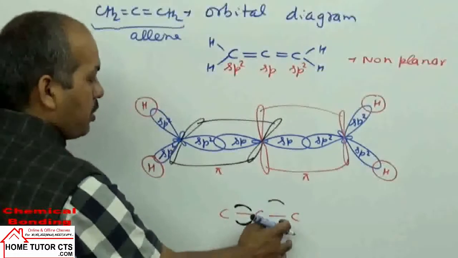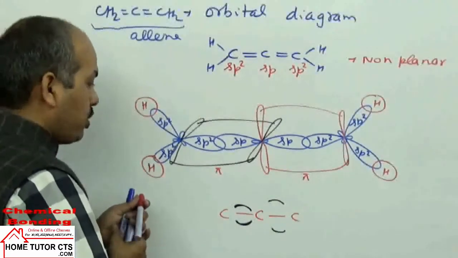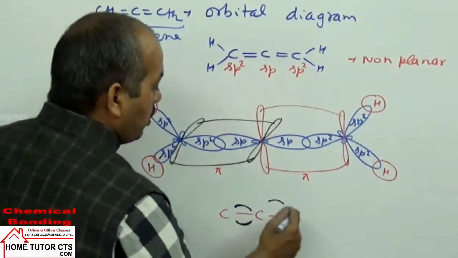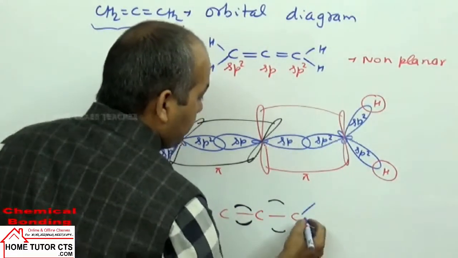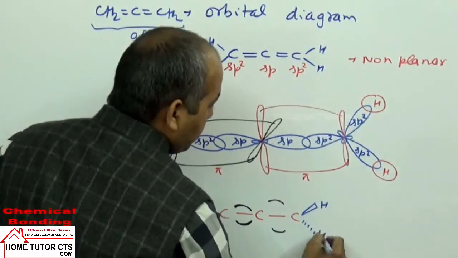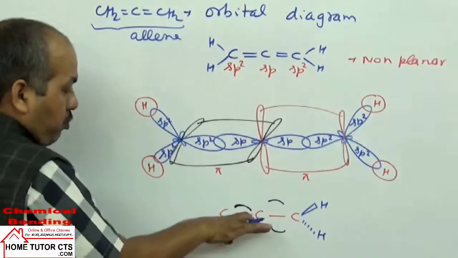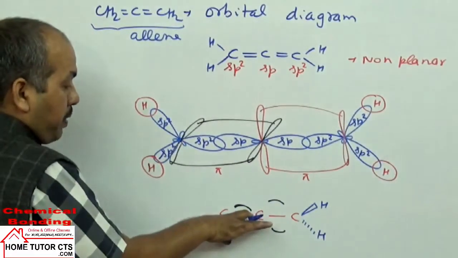The two pi bonds are mutually perpendicular, and the two hydrogens attached to each pi bond become perpendicular. They are not in the same plane, but relative to this pi bond which is in the plane of the board, it is perpendicular.